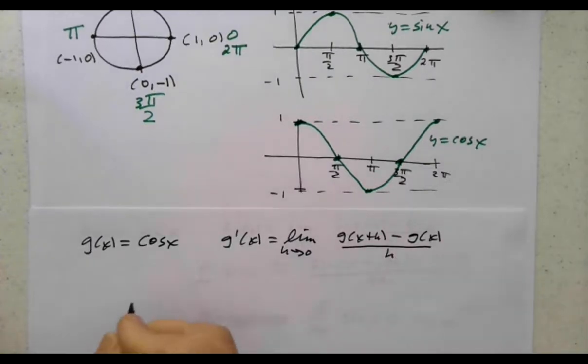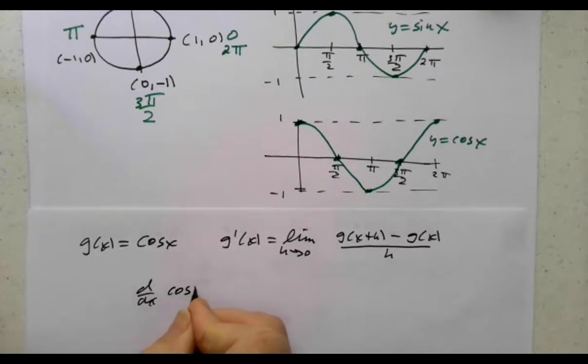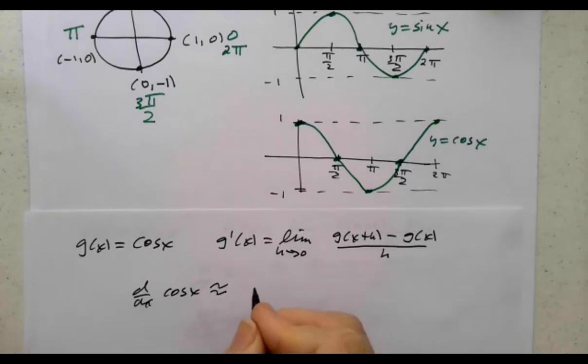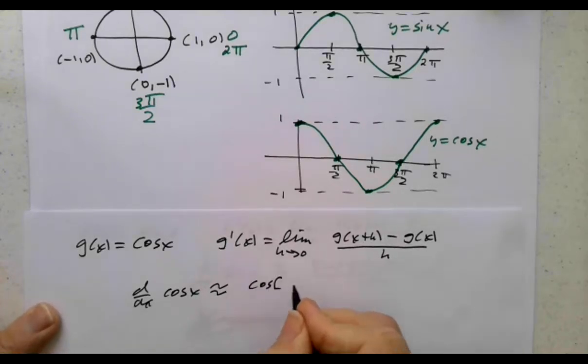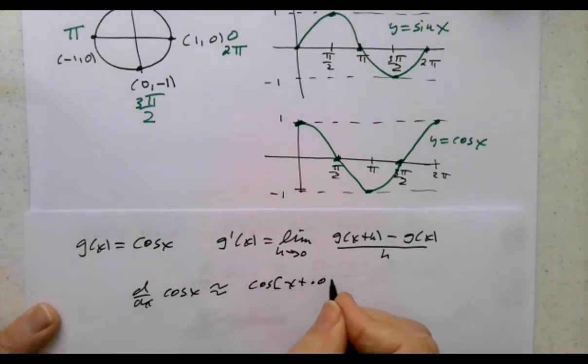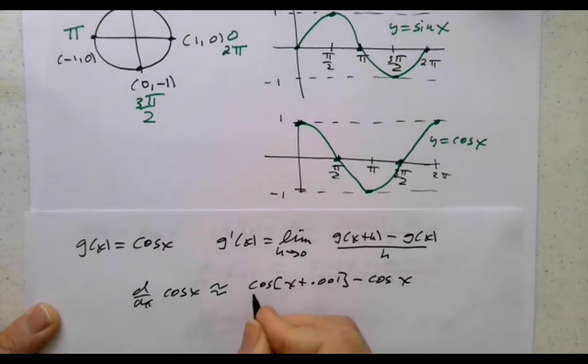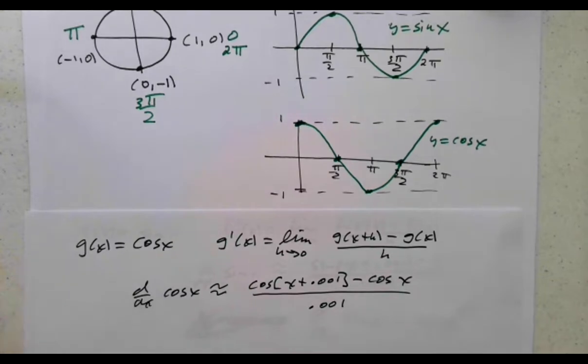Okay, so the derivative of cos x is approximately, instead of a limit, let's just use a small value like 0.001. How about cosine of x plus 0.001 minus cosine of x divided by 0.001. And what does that look like?